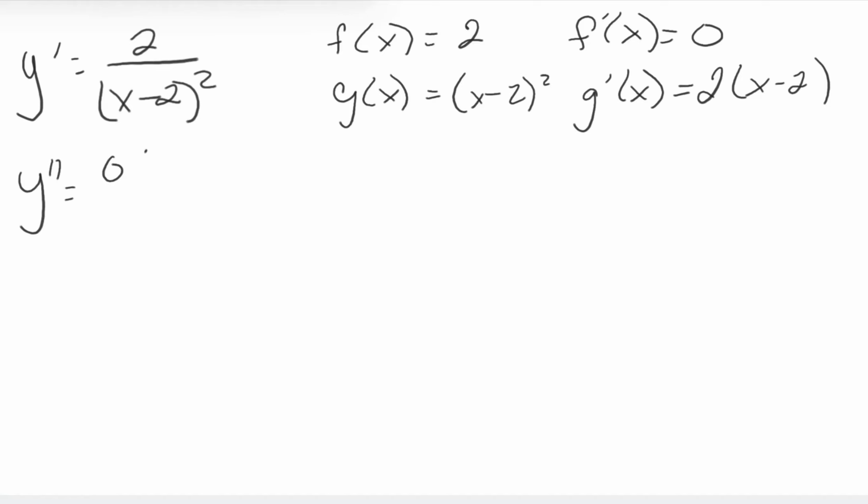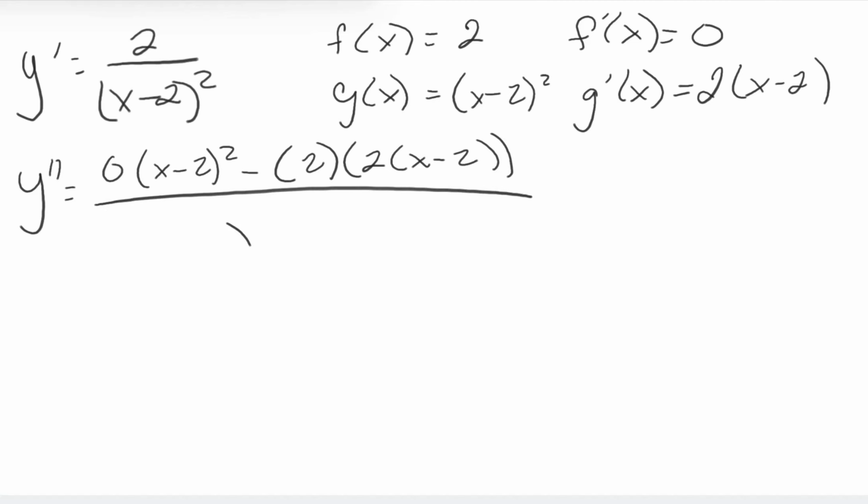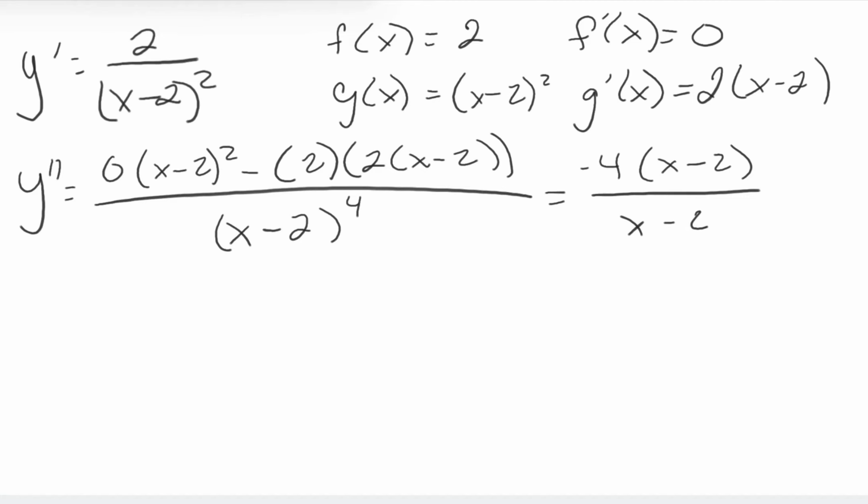So I've got 0 times x minus 2 squared minus 2 times 2 times x minus 2, over x minus 2 to the 4th power. So if we simplify this one down, I have negative 4 times x minus 2 over x minus 2 to the 4th. So my second derivative is negative 4 over x minus 2 to the 3rd power.